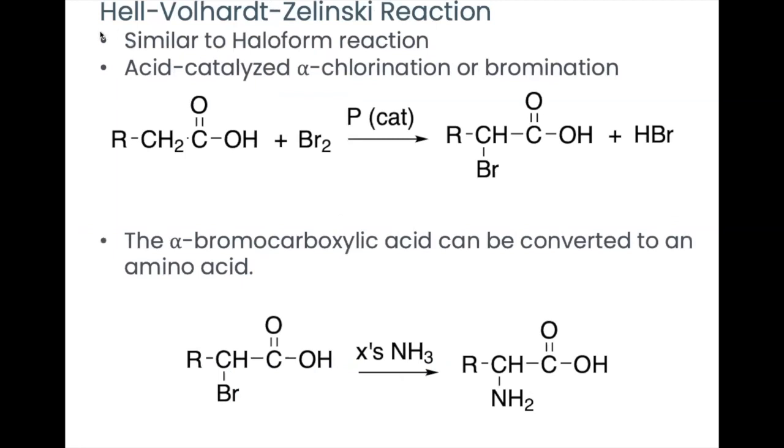Okay. Next, you have the Hell-Volhard-Zelinsky reaction. And this is similar to haloform reaction. We'll discuss haloform in a little while. But basically, you have an acid-catalyzed alpha chlorination or bromination. So again, the target here is this alpha carbon.